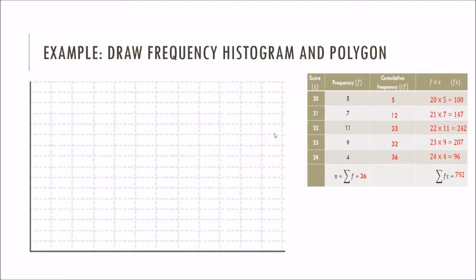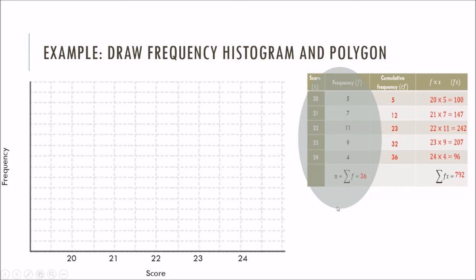Now, if we wanted to draw the frequency histogram and polygon, we'd start by labeling our axes, so score and frequency. Then, because we're not doing a cumulative frequency histogram, we're just doing a plain frequency histogram, we're just looking at these two columns here.